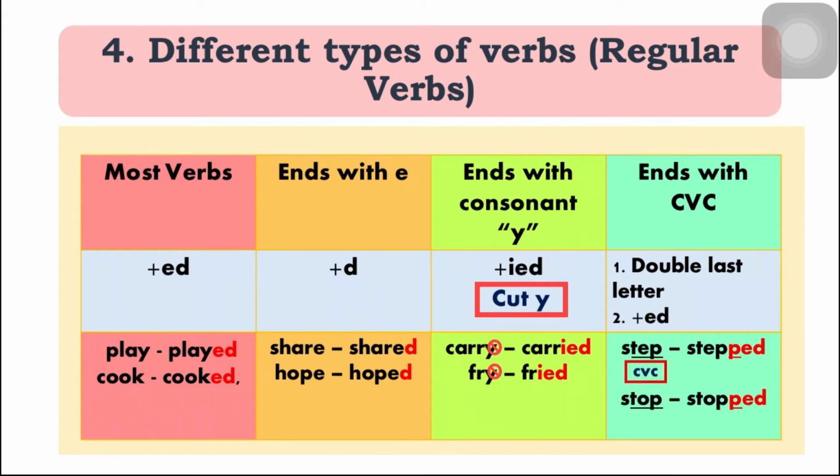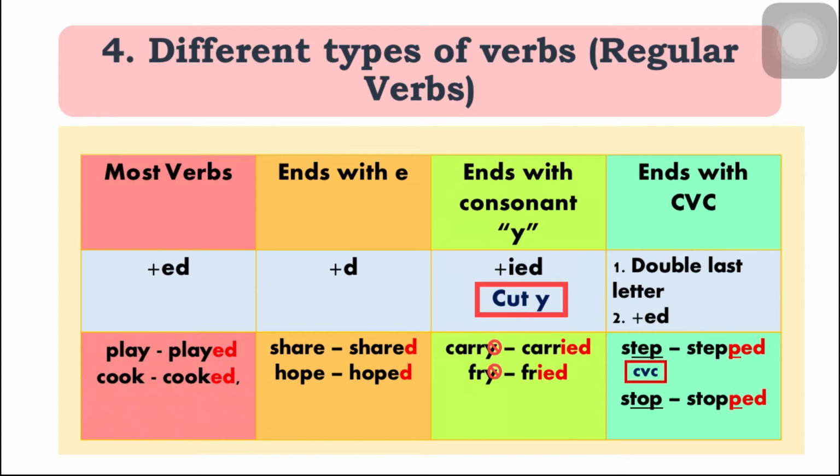So for the words that end with CVC, we can see here step. T is a consonant, E is a vowel, and P is a consonant. So when it fits the CVC formula, we need to double the last letter, which is P, and add ED.